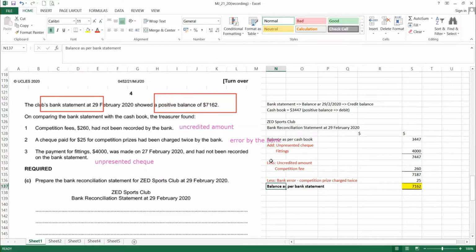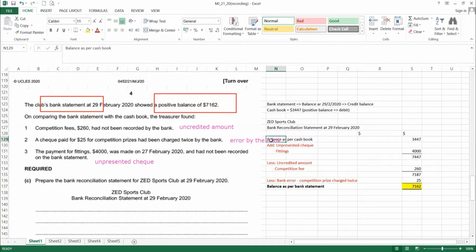Next is the uncredited amount. Uncredited amount means that our bank statement has not put in the money yet. That means to the banker, they assume this money is not received yet. So when the money is not received from the banker's point of view, we should less it in order to get back the bank statement amount. So that's why this is like a formula.